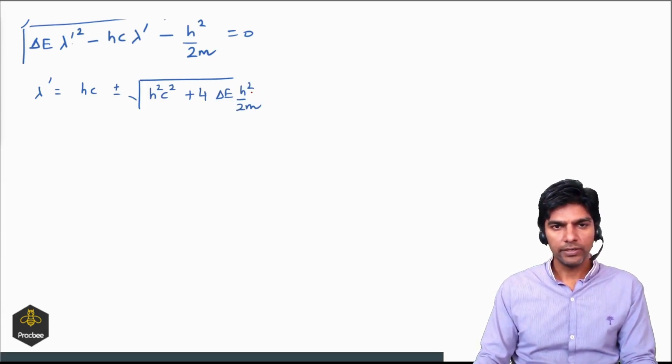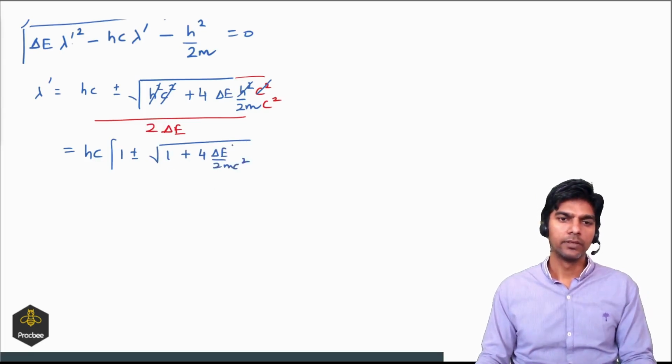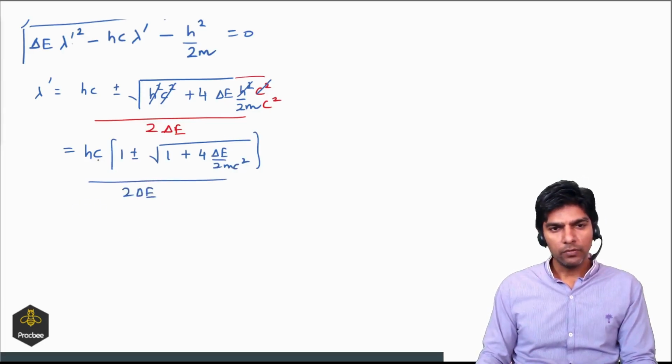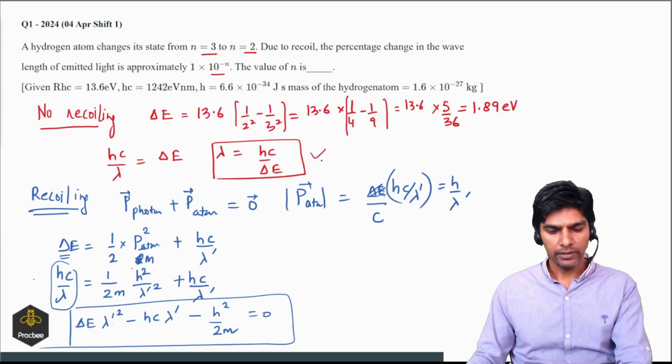Okay, now what we can do, let us multiply this term with c square and divide by c square, and divide it by 2 times a, which is delta E. So this hc will be common. So we can say hc times 1 plus minus root of 1 plus 4 delta E by 2mc square, divided by 2 times delta E. Now hc by delta E, if you look at this relation, hc by delta E is lambda.